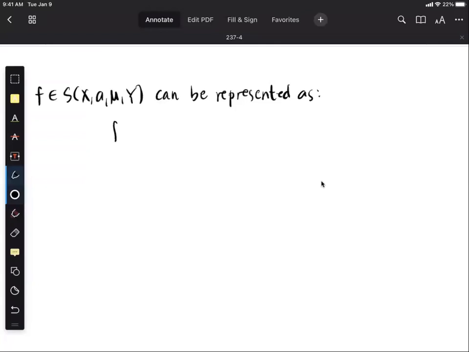Here f is the sum over the images y, times the indicator function of the inverse image of the singleton y. So take note that this is indeed a finite sum because f has a finite range.